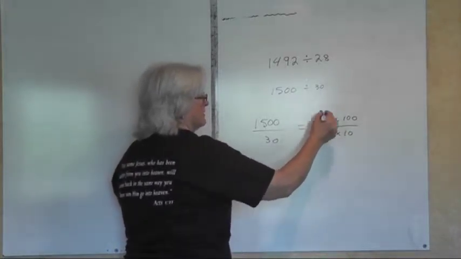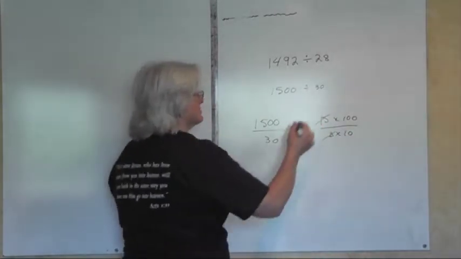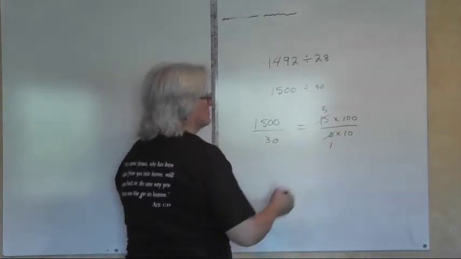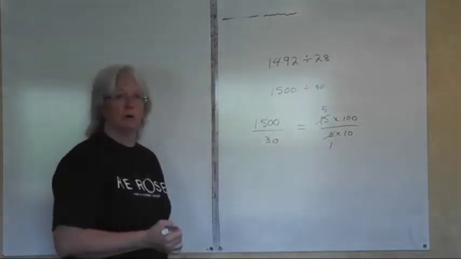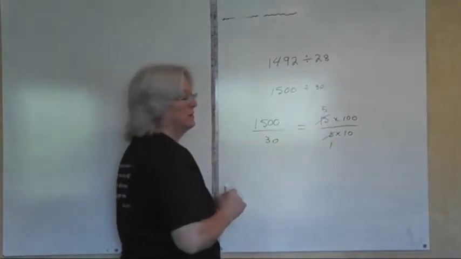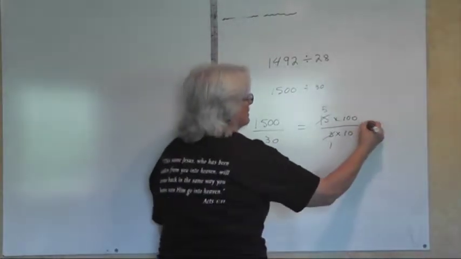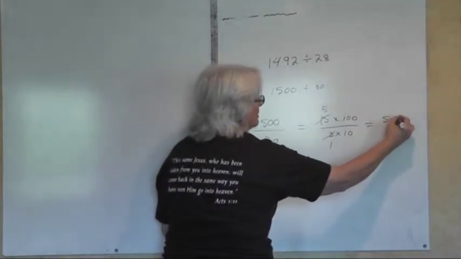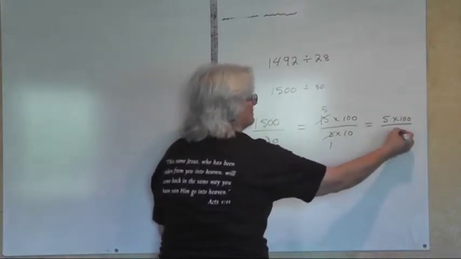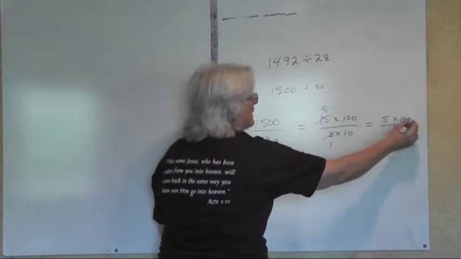Out of the 15 and the 3, the factor that's common here is 3. We cancel out a 3, and we have a 5 and 1. Now we have 5 times 100, over 1 times 10.